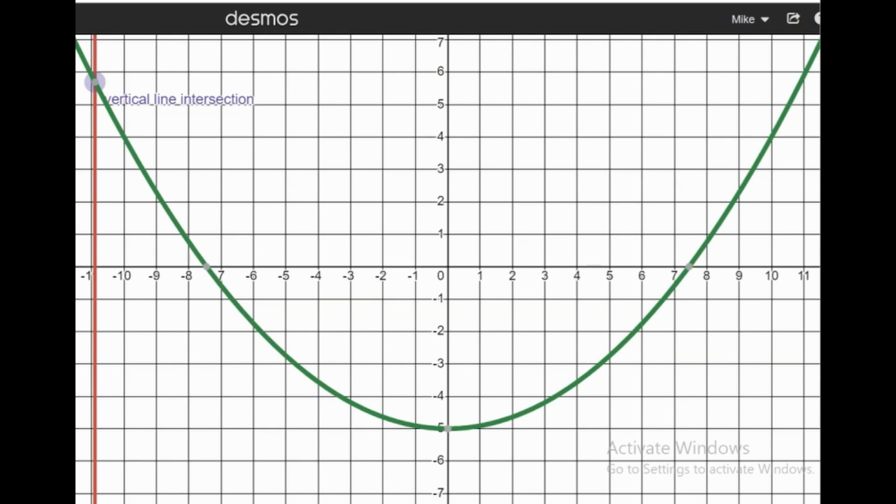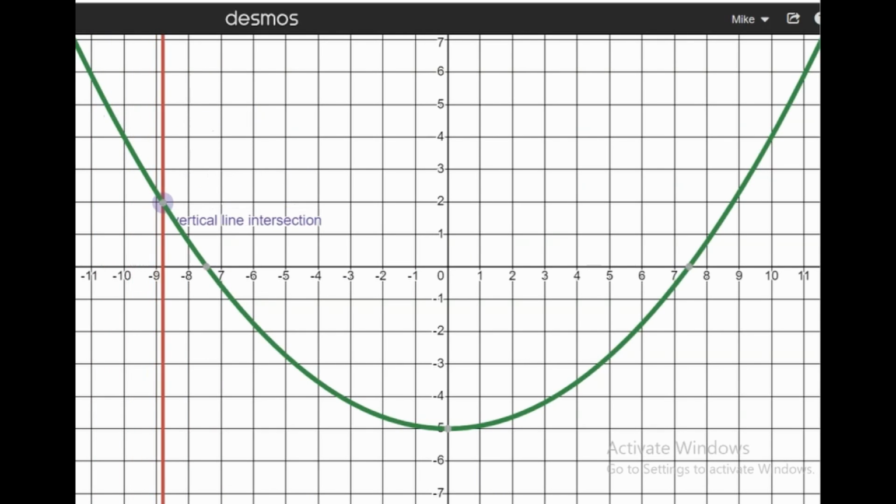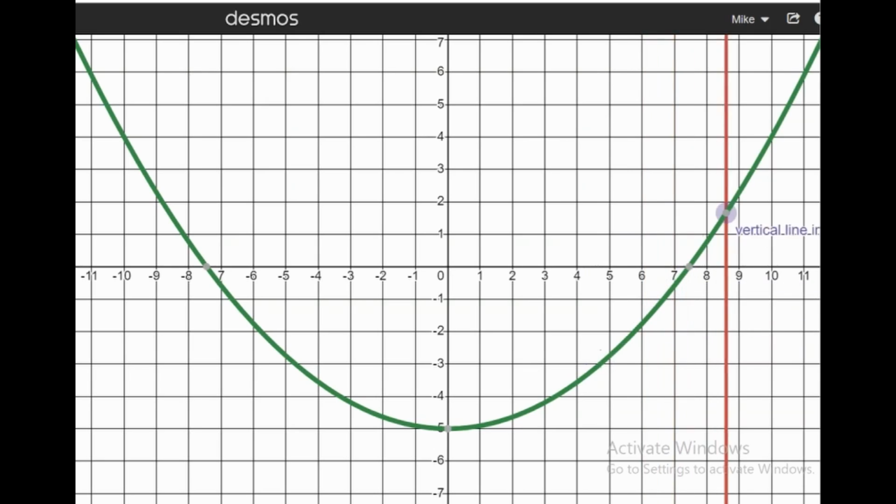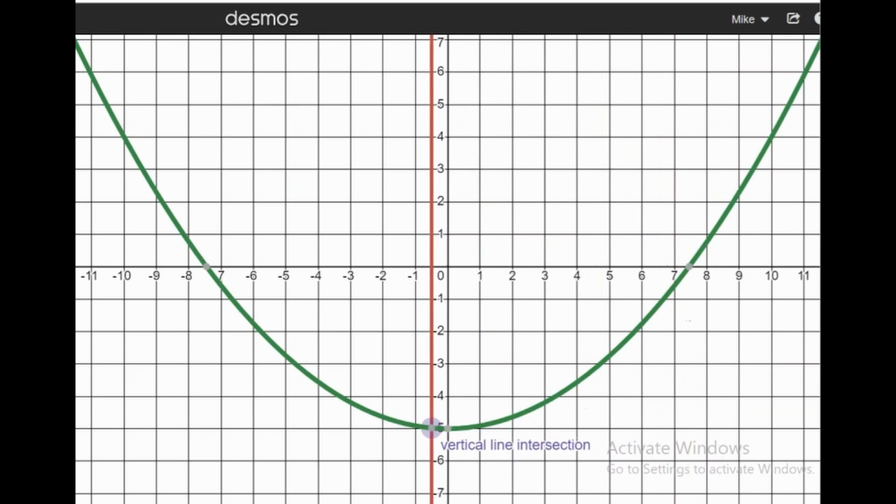And if it does not intersect the green curve in more than one place, then it is a function.